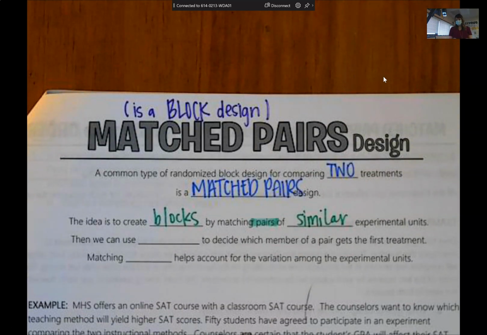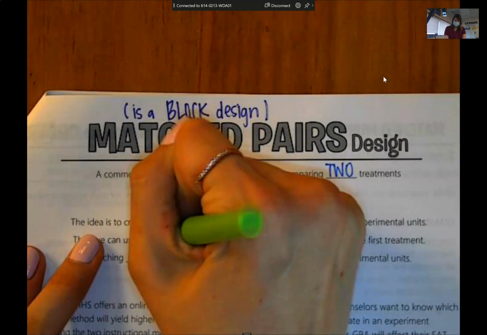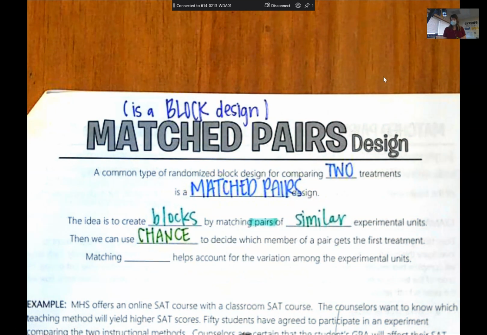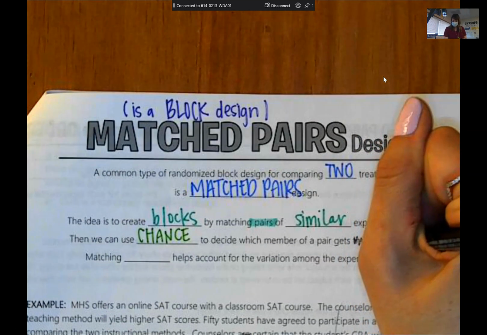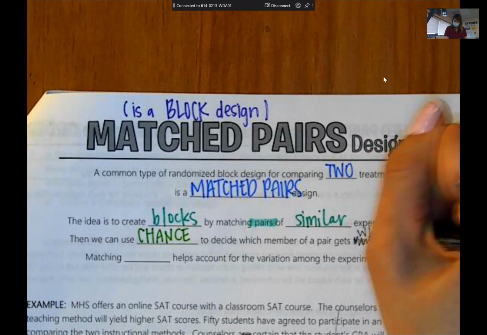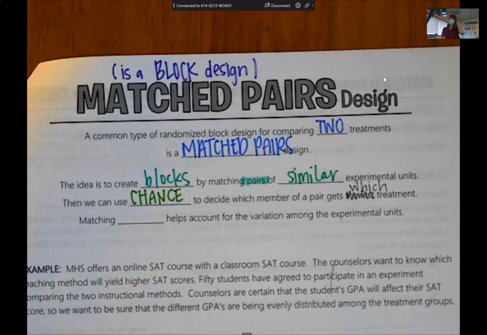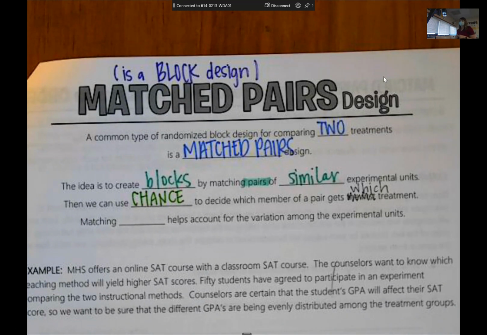Then we can use chance to assign our treatments. This says it determines who gets the first treatment. We should just say who gets which treatment. So we'll pair two experimental units together, and then we can randomly decide who gets which treatment.